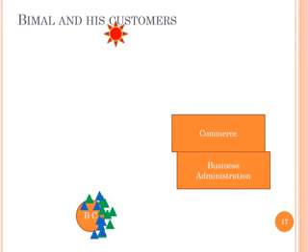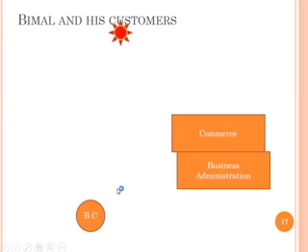But then these students used to come to take their breakfast from Bimal's canteen. And then at noon, when the sun rises to the top at around 12:30, when there is a break, all the students from both the commerce and business administration departments gather in Bimal's canteen to take their lunch. Then at sunset, the classes would get over.